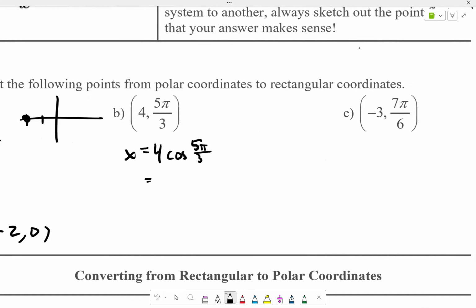Okay, because cosine of 5 pi over 3 is 1/2, so that's 2. Okay, and for y? And when you work through that? -2√3. Are we good with that?